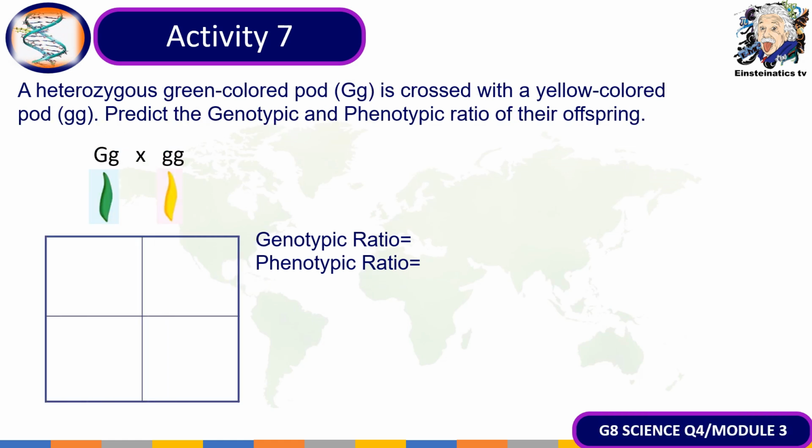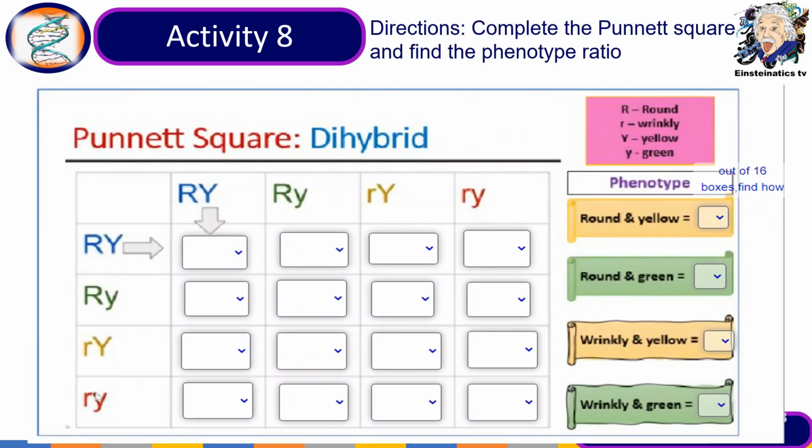For activity number 7, what you will do is you are going to cross a heterozygous green-colored pod with a yellow-colored pod. So just like activity number 6, you are going to identify the genotypic and phenotypic ratio by filling up the boxes here using a monohybrid cross. For activity number 8, you are going to complete the Punnett square and find the phenotype ratio.